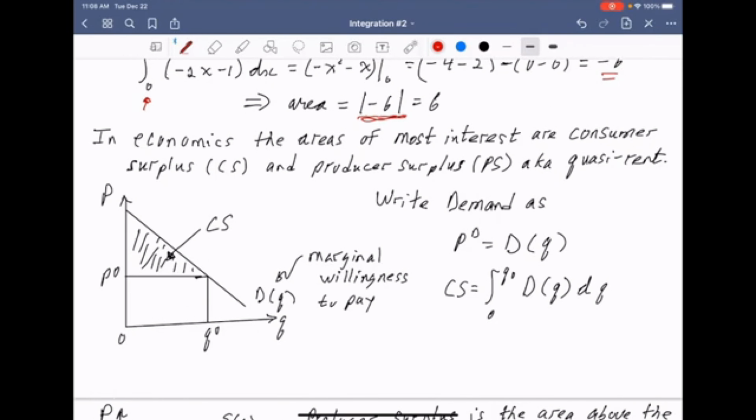In economics, the areas of most interest are the consumer surplus and producer surplus, which I often refer to as quasi-rent. Now, we write demand as the price demand.